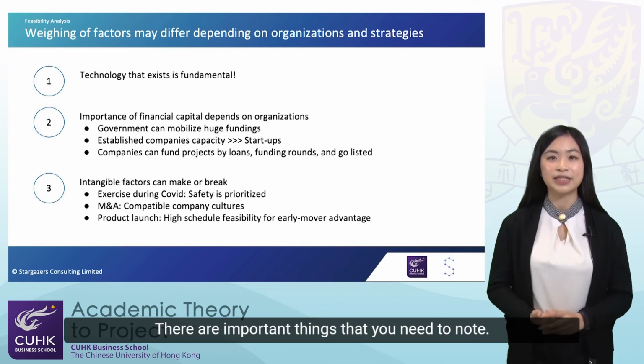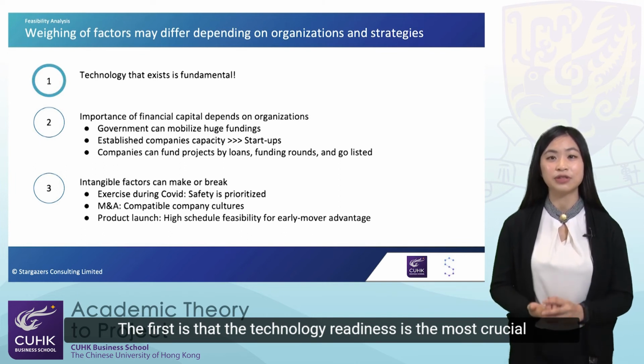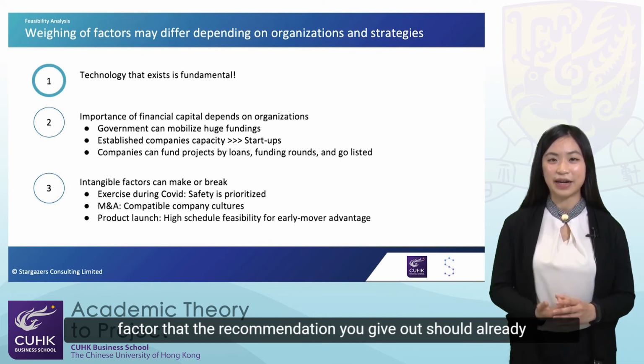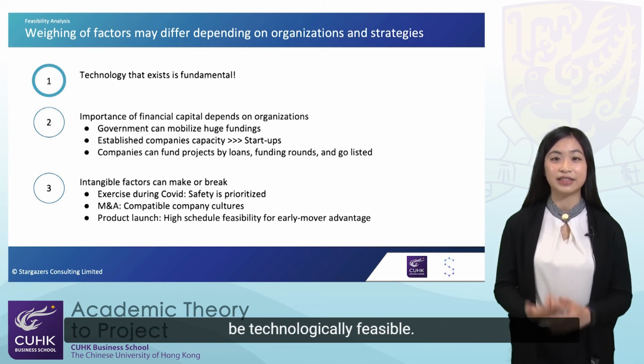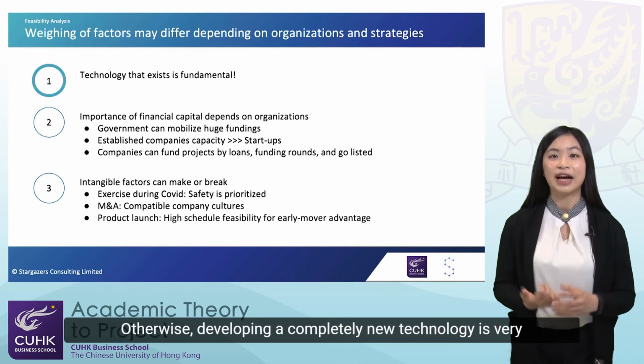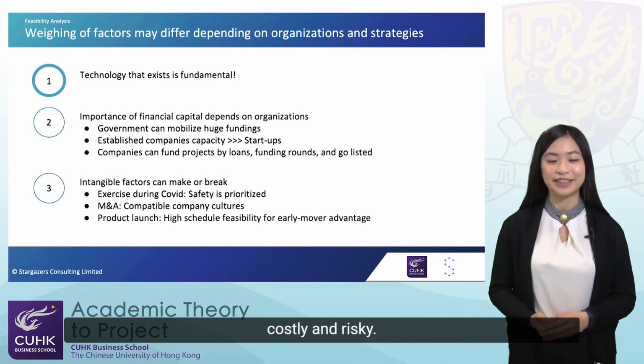There are important things that you need to note. The first is that the technology readiness is the most crucial factor, in that the recommendation you give out should already be technologically feasible. Otherwise, developing a completely new technology is very costly and risky.